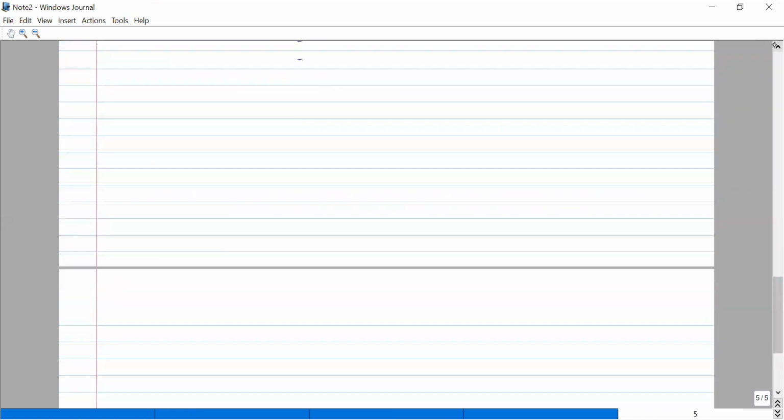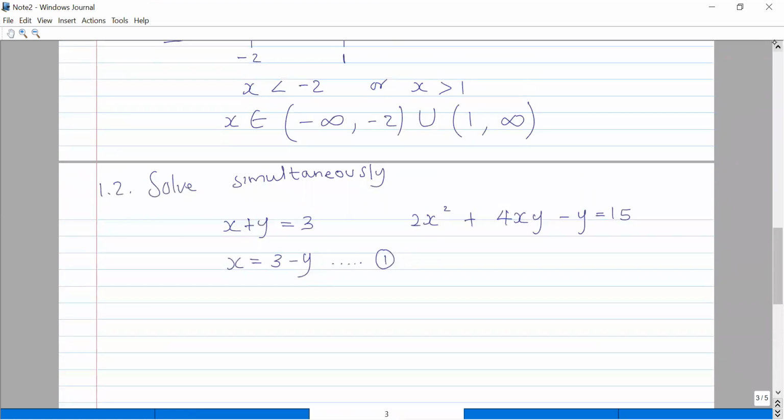Let me just name them from the start. So this will be 1, this would be 2, and the one that I've just done will be 3. Okay, so you have to say what you're doing.